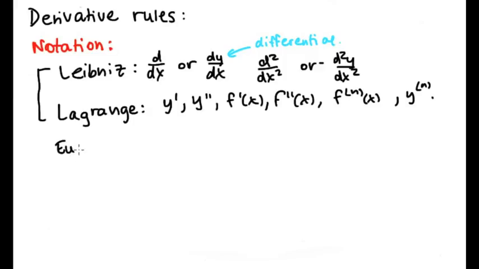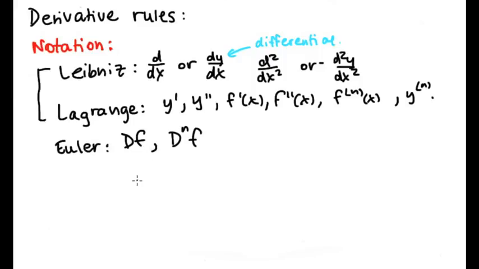There's also Euler notation, and he liked putting capital D's before his f to indicate the first derivative, or n for any order derivative. And you don't see this as much, people don't really use this.